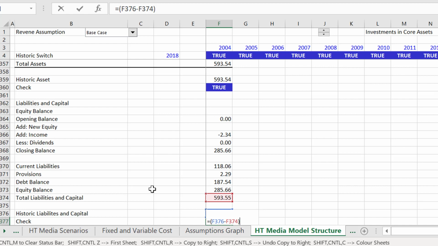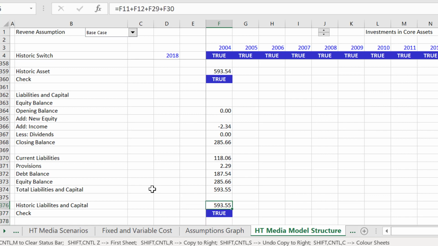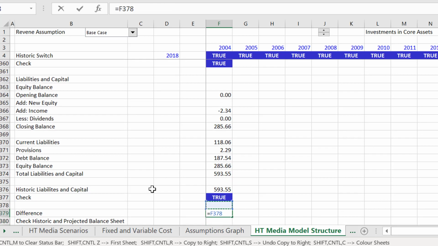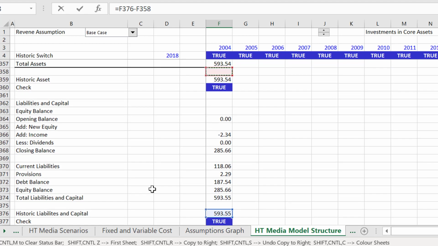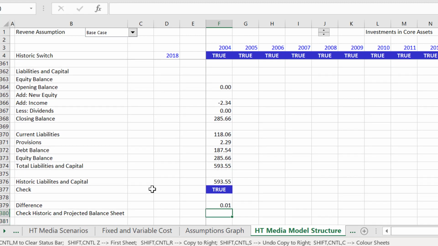Oops, and make it equal to 0. So we have two checks. Now the ultimate check is whether this minus this is going to be equal to 0. Oh, it's a tiny, tiny bit different.